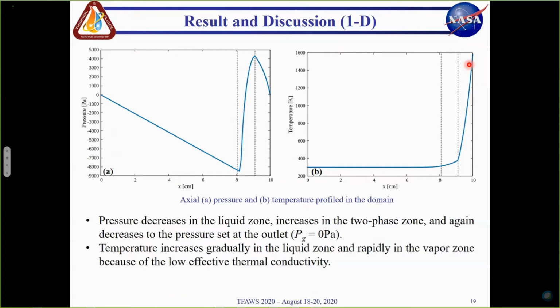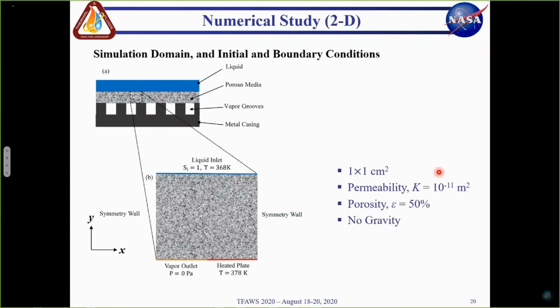As a result, the temperature increase is a little more than gradual, and it increases rapidly in the vapor zone as the effective thermal conductivity is very low. However, the temperature in the two-phase zone should be isothermal, but we found some temperature difference in our case, and we will investigate this issue in our future work.